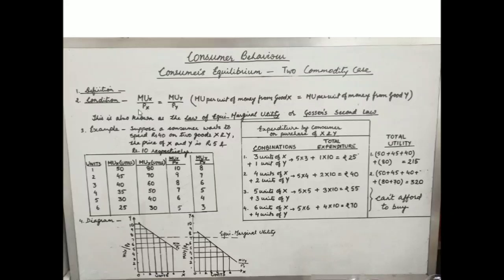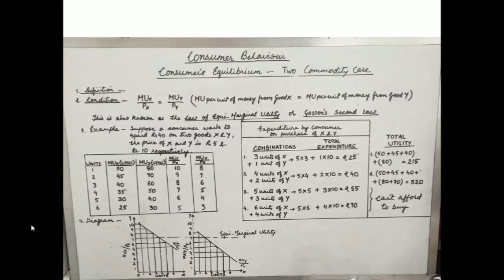Here marginal utility per unit of money means marginal utility of 1 rupee that he spends on a good. To find out marginal utility per unit of money, the marginal utility of the good is divided by its price. We can understand this with an example. Suppose the price of a commodity is rupees 5 and the consumer purchases 4 units of the commodity and he gets 35 utils of marginal utility from it.